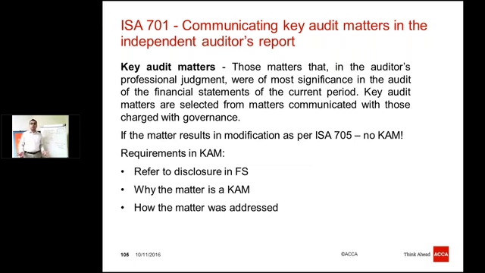Now, this is a difference of opinion, or a disagreement, as you may call it, on accounting matters or accounting policies. As you can see on the slide as well, if the matter results in a modification as per ISA 705, there will be no KAM. Why? Because a key audit matter is a resolved matter.